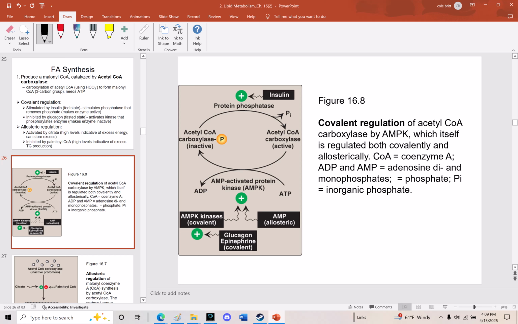So palmitate and palmitoyl-CoA, like I said, I use them interchangeably. Palmitoyl-CoA is just a palmitate with a coenzyme A added to it. And coenzyme A is just something you have to add to these in order to move them around the cell.